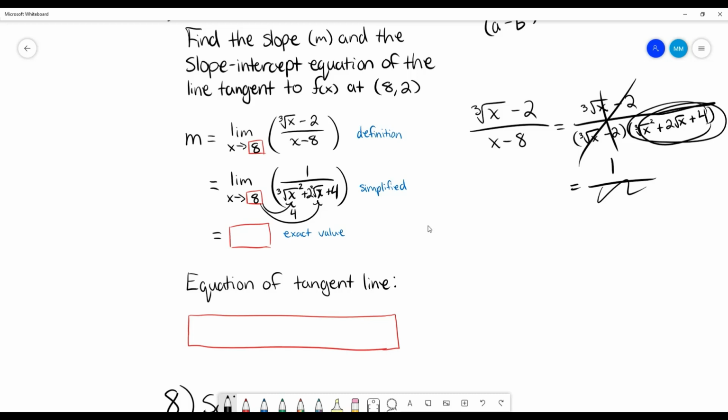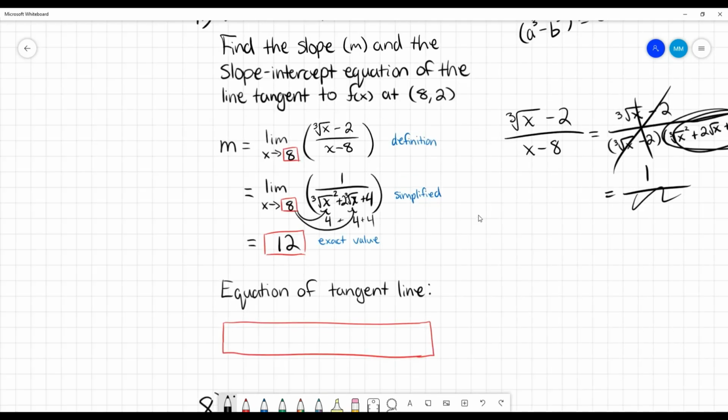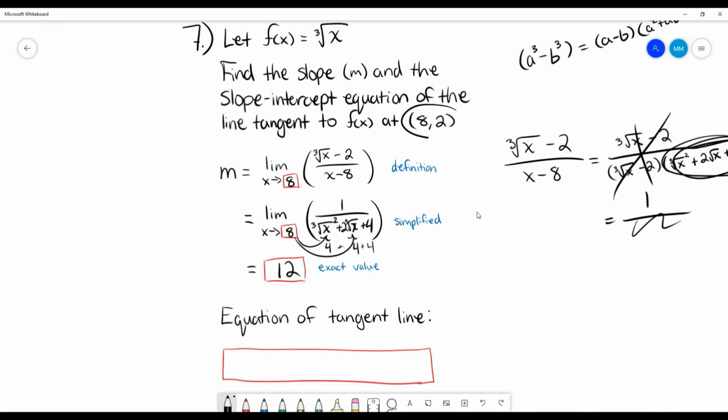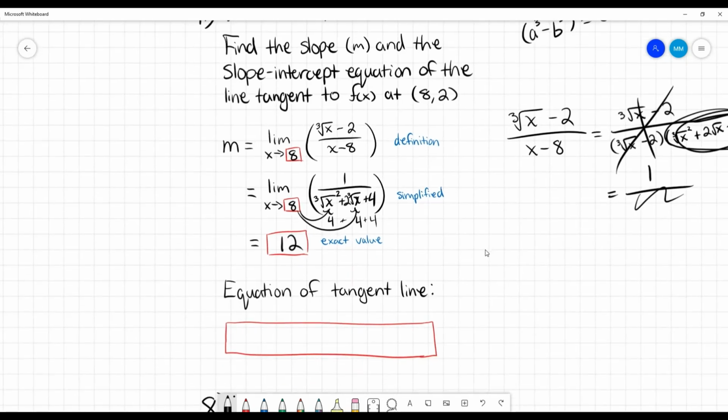Plug it in there. The cube root of 8 is 2, times 2 is also 4, plus 4 is going to be 12. So we just found that our slope at the given point is 12.